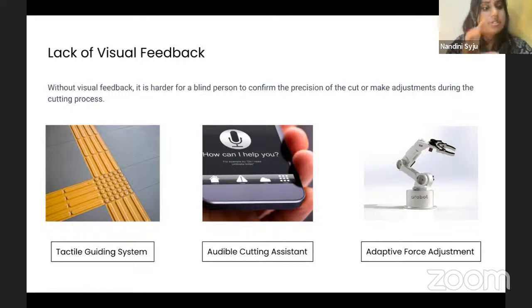And this can be used, or the same thing can be applied in products. Maybe it can just be like a streak or a line, or an array of dots, whatever. But this is something that we can apply to solve the lack of visual feedback. Next is an audible cutting assistant.